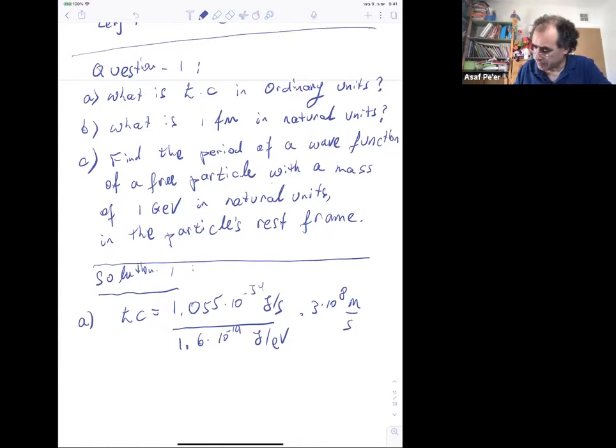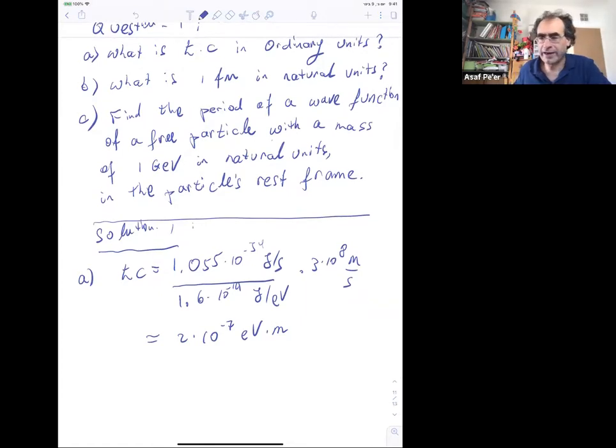So when you collect the numbers, this gives you something like 2 times 10 to the minus 7 electron volt times meter. But I want to work with units of GeV. And I told you that the natural unit of length in particle physics is the femtometer, the size of a proton.